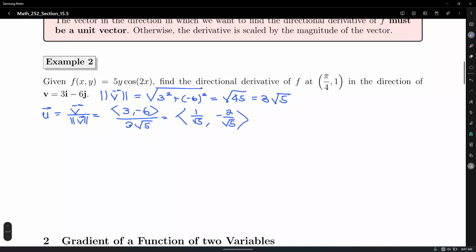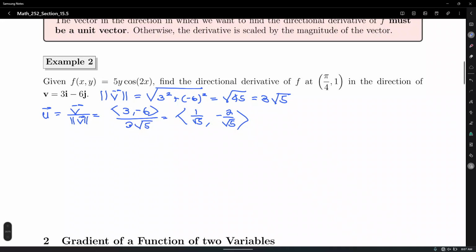Okay? And if you find the magnitude of this vector, it's guaranteed to be a unit vector. Just think about it. 1 squared equals 1, negative 2 squared equals 4, 4 plus 1 equals 5, divided by the square root of 5 squared, which is also 5, boom, equals 1. All right?